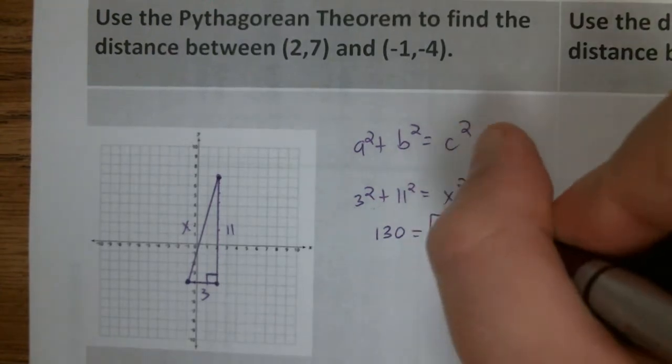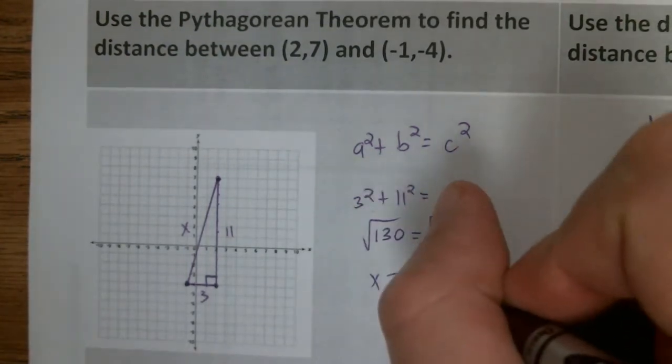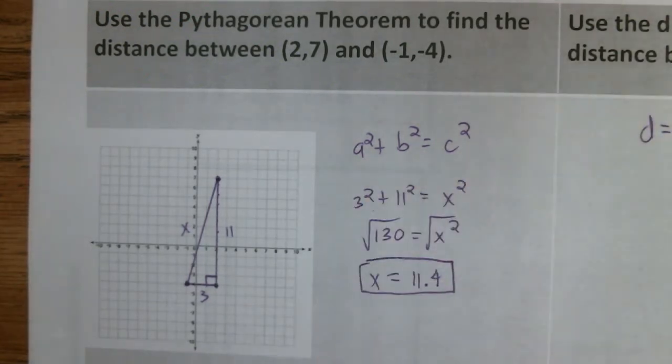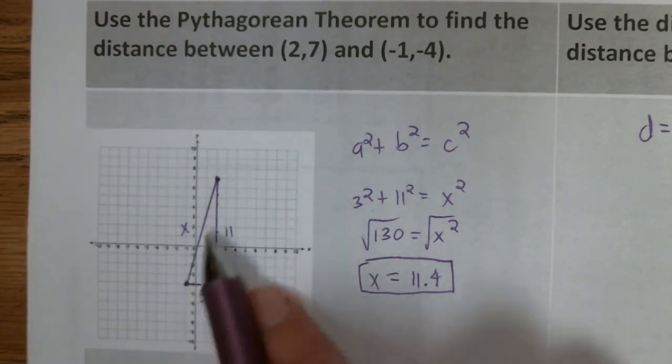Then I take the square root of both sides, and I get x is equal to the square root of 130, which is about 11.4. So the distance between these 2 points is 11.4, which is basically the hypotenuse of a right triangle.